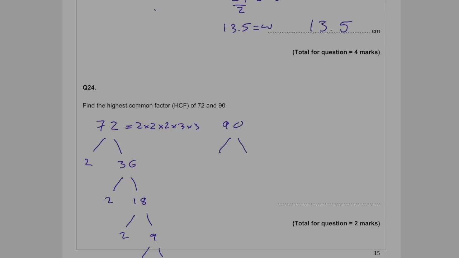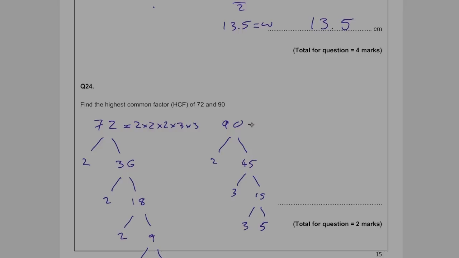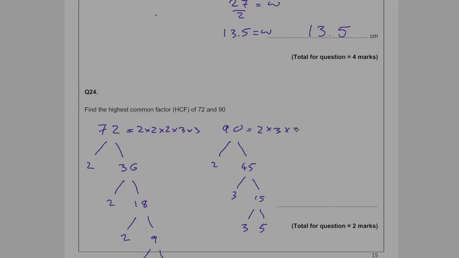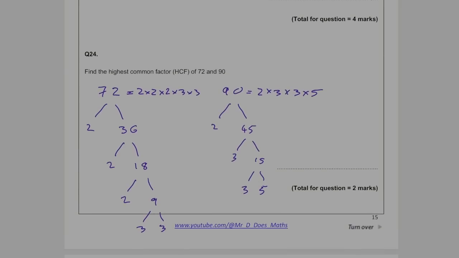So 90 is going to be 2 times 45, which is going to be 3 times 15, which is going to be 3 times 5. So 90 is 2 times 3 times 3 times 5. Right, a bit more space than I wanted really. If I was doing this for 72 and 90, my common factors are they have a 2 in common.